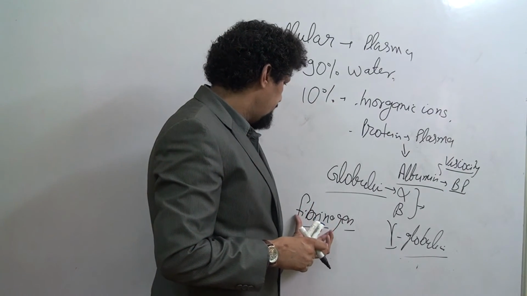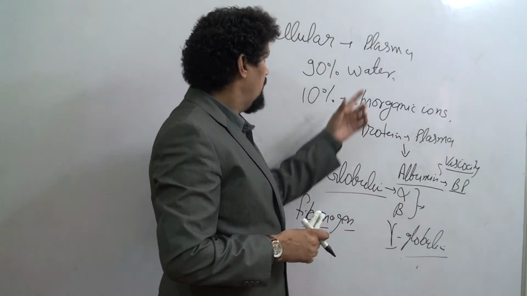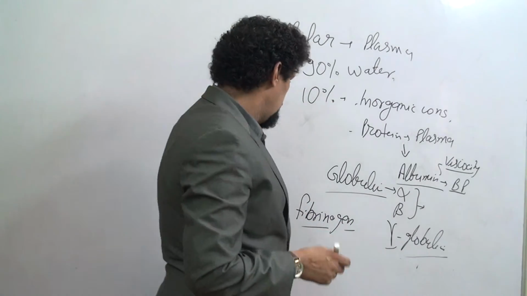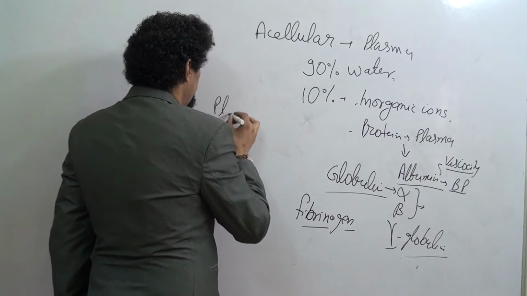And when we remove this fibrinogen from the plasma by centrifugation, it is known as serum.